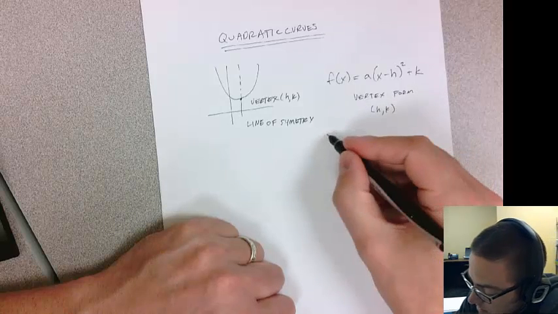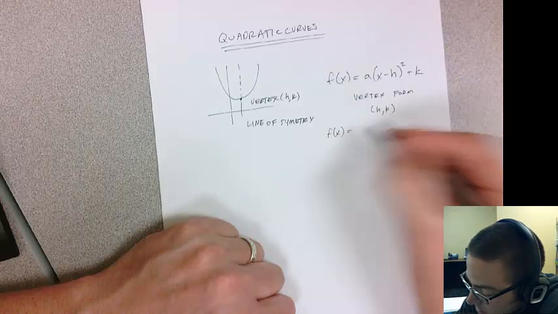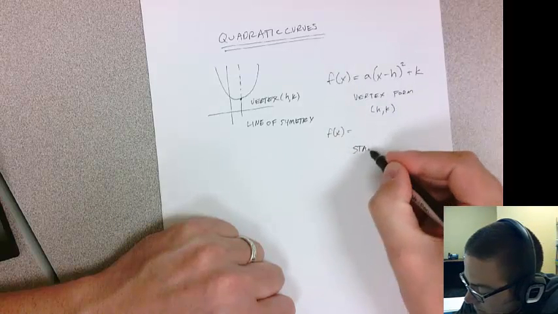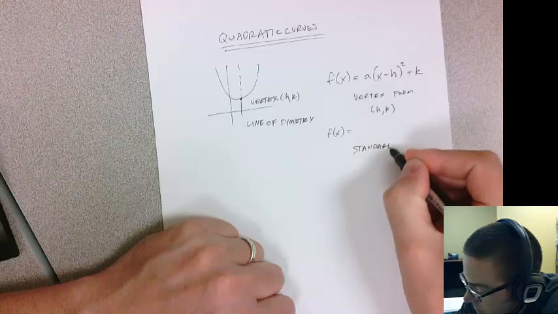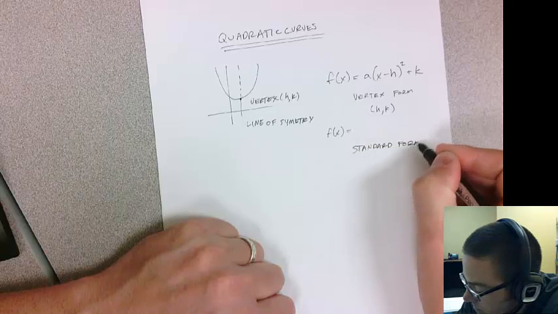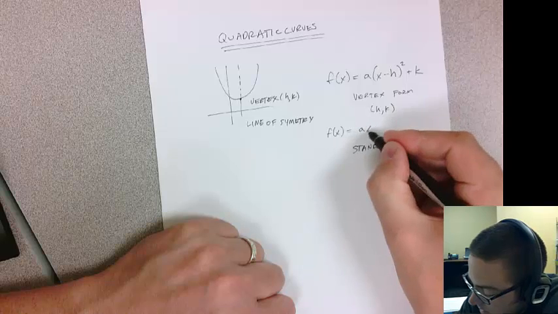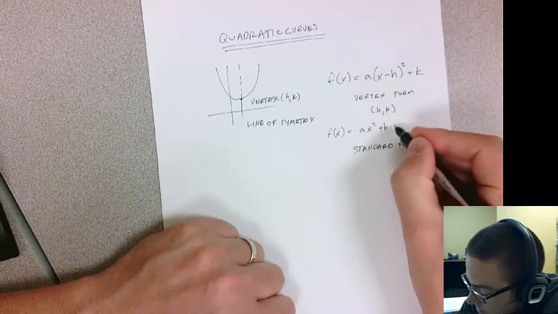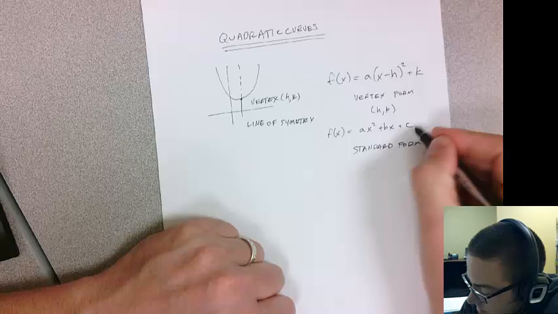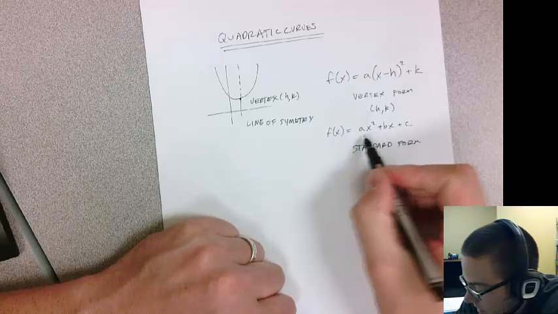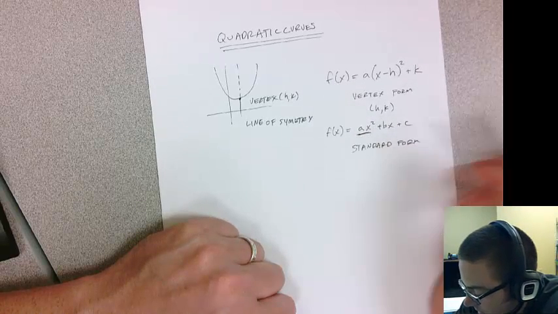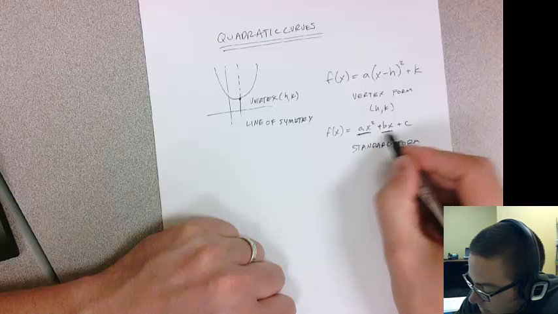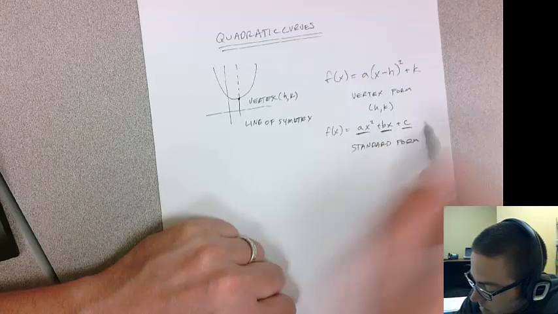And then another form that you might see is called the standard form. And that's just ax squared plus bx plus c. So you have, this is the quadratic term, this is the linear term, and this is the constant.